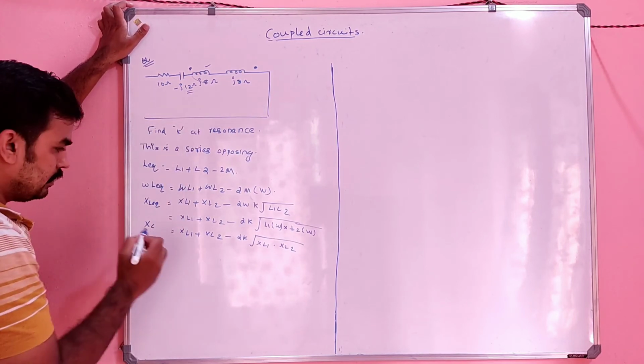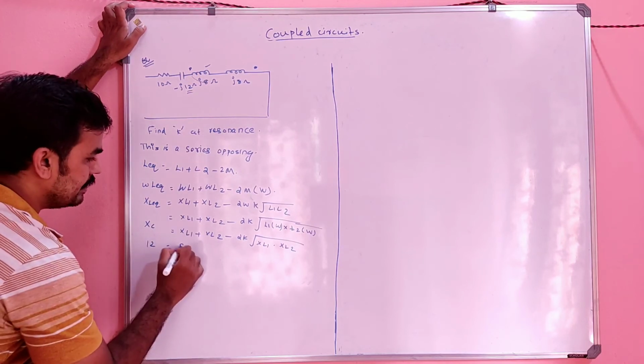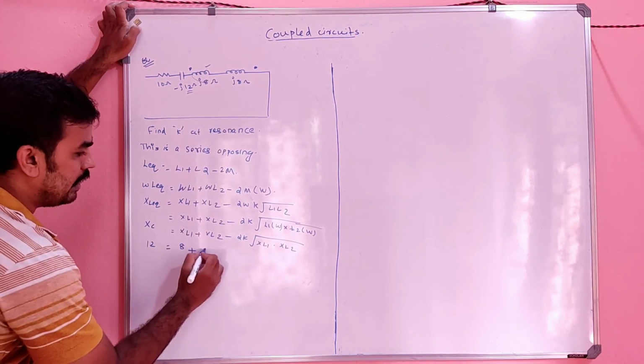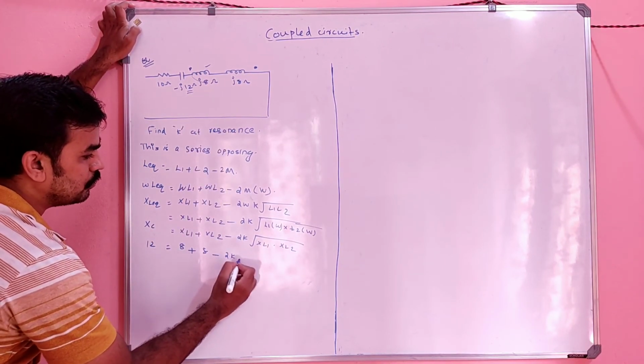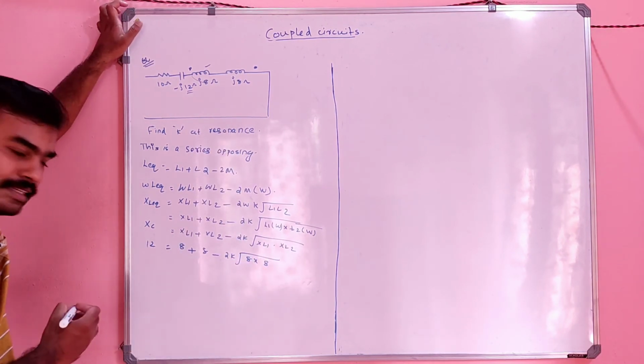So 12 equals XL1, which is 8, plus XL2, which is also 8, minus 2K into root of XL1 times XL2, again 8 and 8.